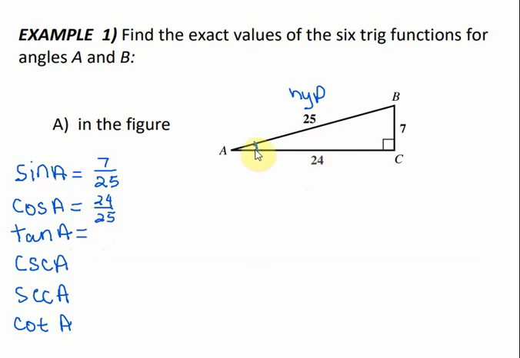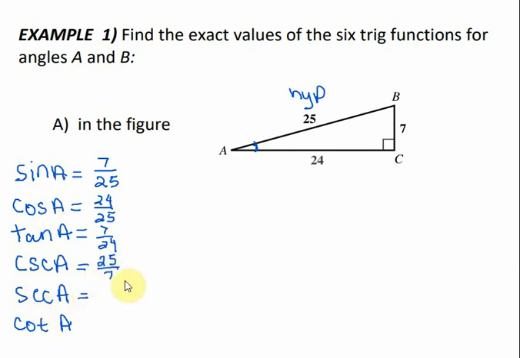Tangent of A is opposite over adjacent, so that would be 7 over 24. And once we get those three, for the reciprocal functions, all we have to do is take the reciprocal. The reciprocal of sine is cosecant, so that would be 25 over 7.